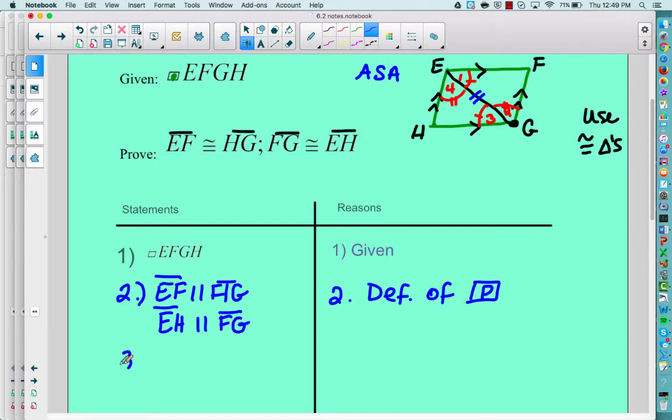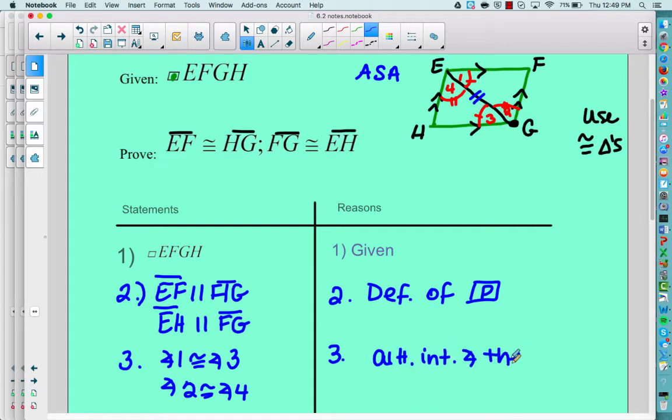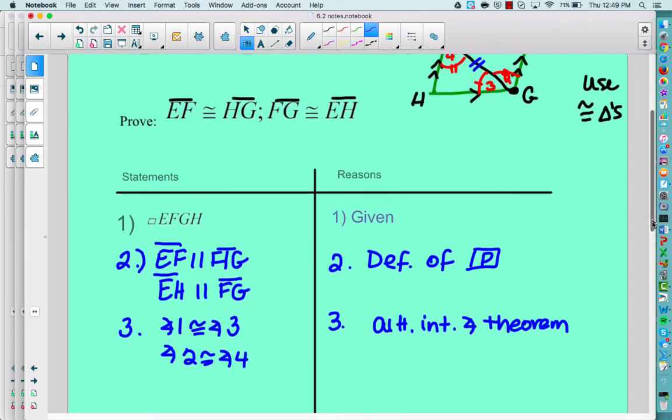All right. That allows me to see that angle 1 is congruent to angle 3, and angle 2 is congruent to angle 4. Why? Because of the alternate interior angle theorem.